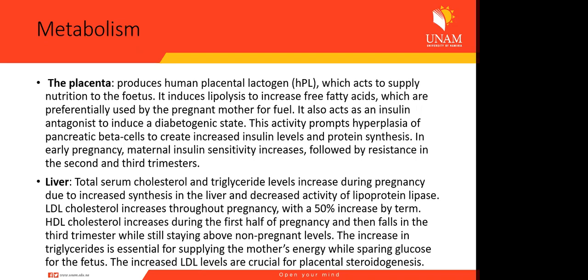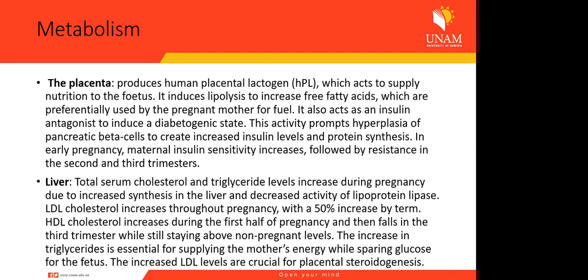When we're talking about metabolism, don't forget that I said there's about a 15 to 20% increase in the rate of metabolism. Some of these things are due to the placenta, which is actually a hormone-producing tissue during pregnancy.